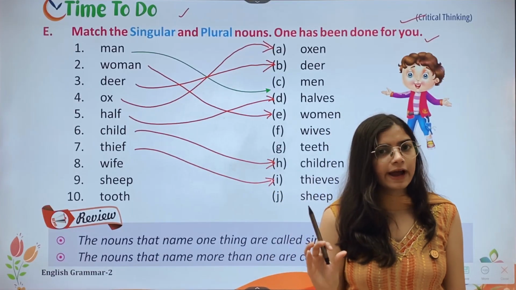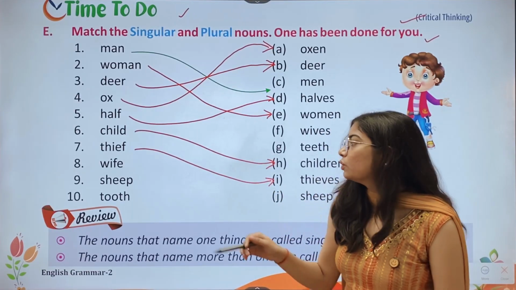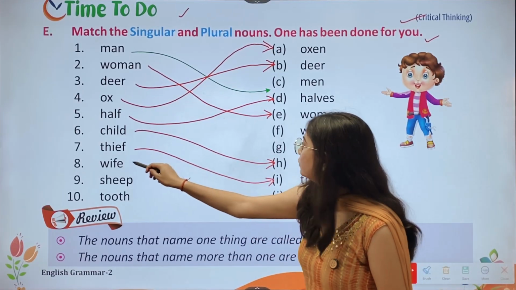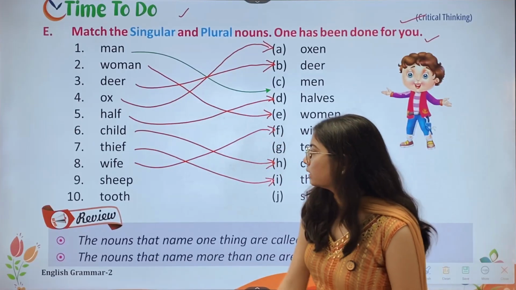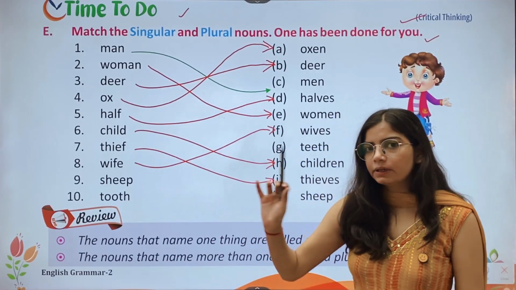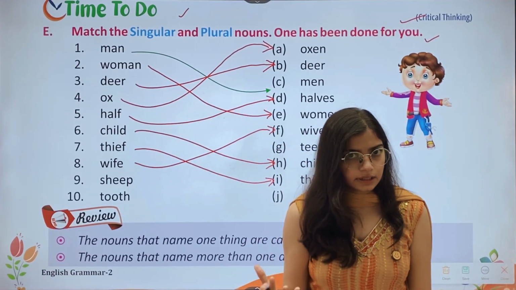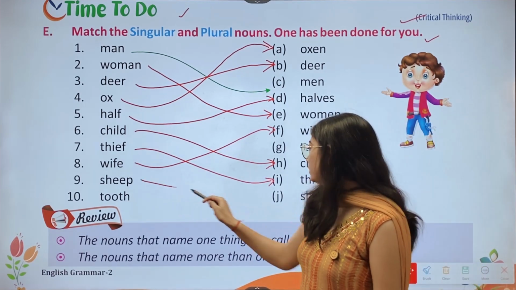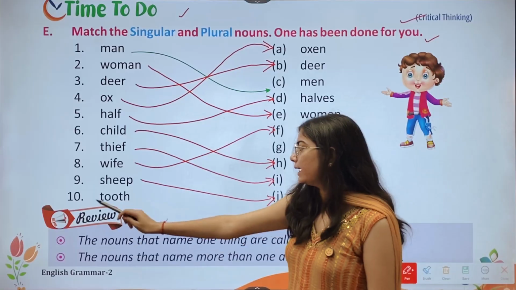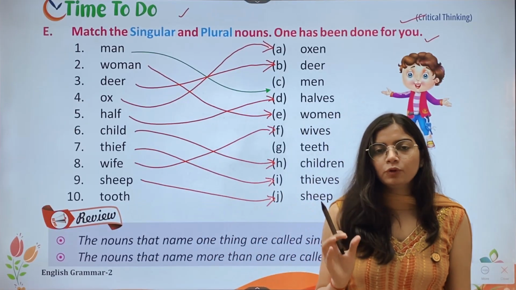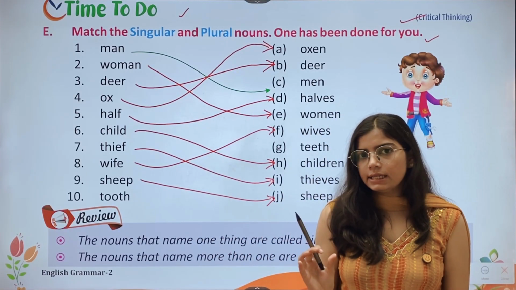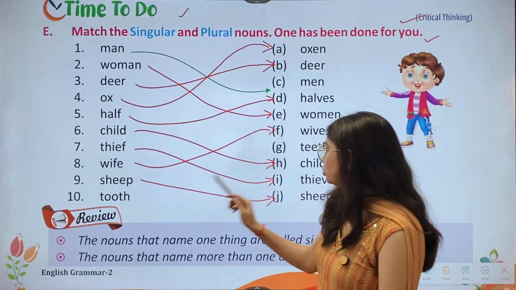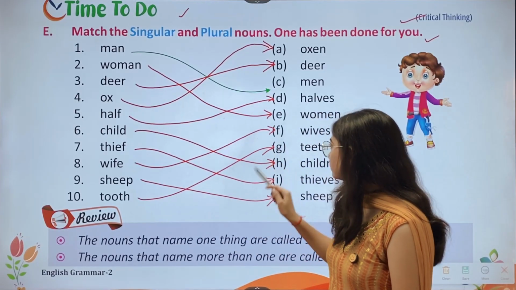The plural of wife is wives. So we'll match eighth with F. Then ninth, sheep. The plural of sheep is the same, sheep. So we'll match ninth with J. Then tenth, tooth. The plural of tooth is teeth. So we'll match tenth with G.